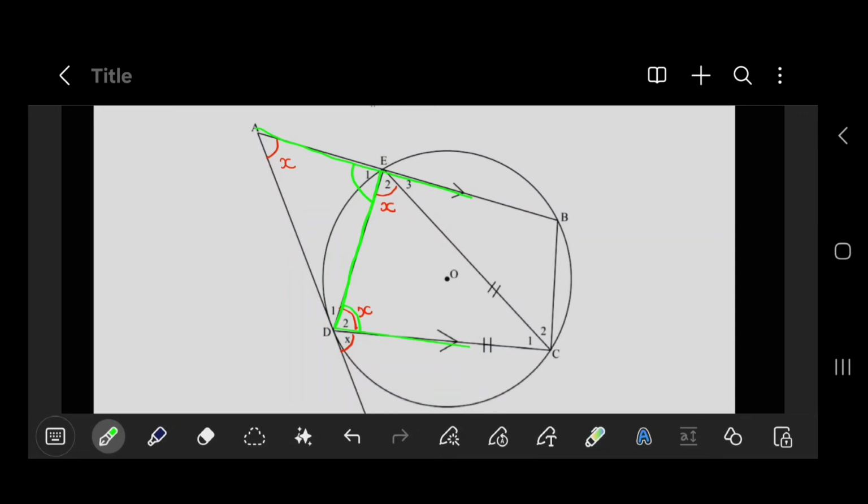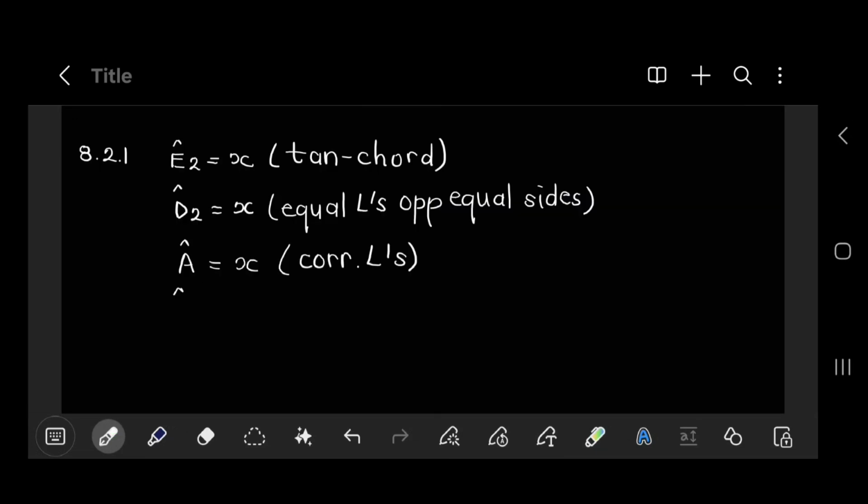So angle E1 is also equal to X. And our reason for that would be alternate angles. So we needed to get 5. We've got 4 out of those 5.